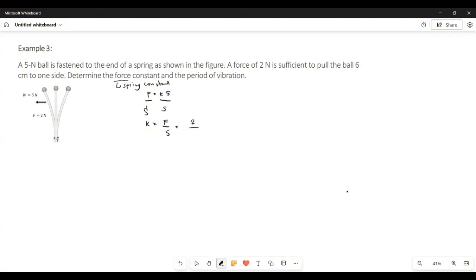Pero, convert natin yung 6 centimeters into meter, we have 0.06. So pag sinubstitute natin yan, we will have 33.33 Newton per meter.